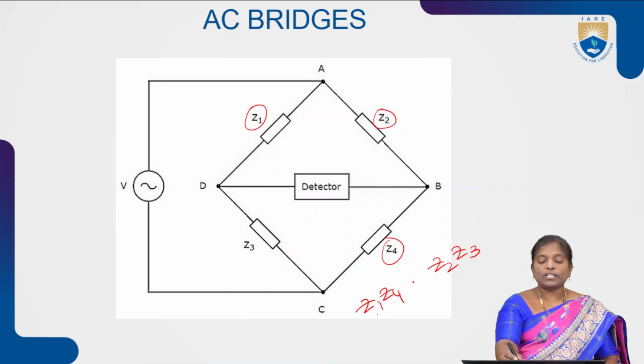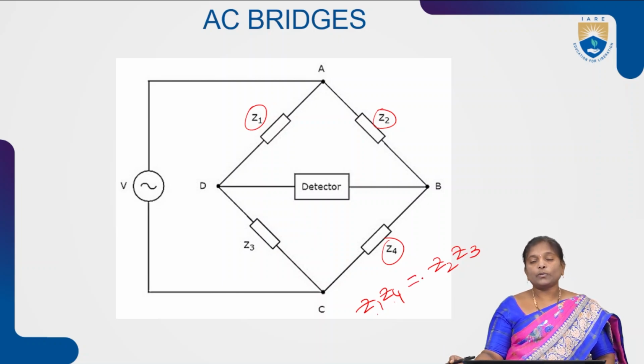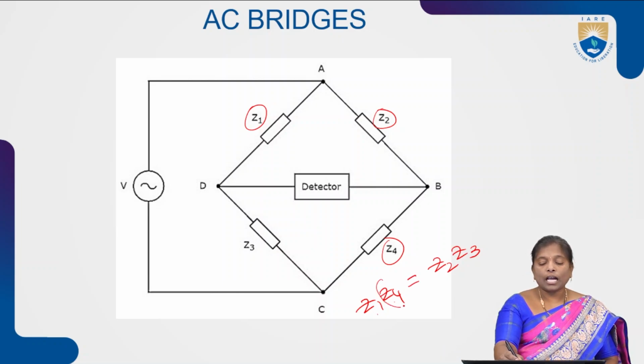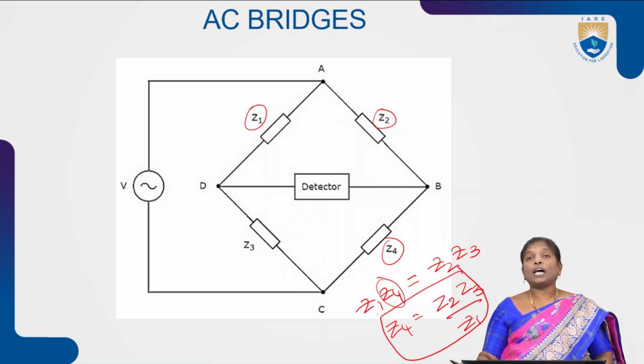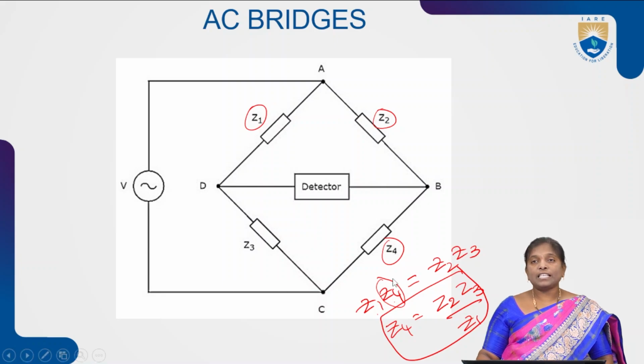So, Z1 into Z4 equals Z2 into Z3. From this, the unknown parameter Z4 can be measured as Z4 equals Z2 Z3 by Z1.